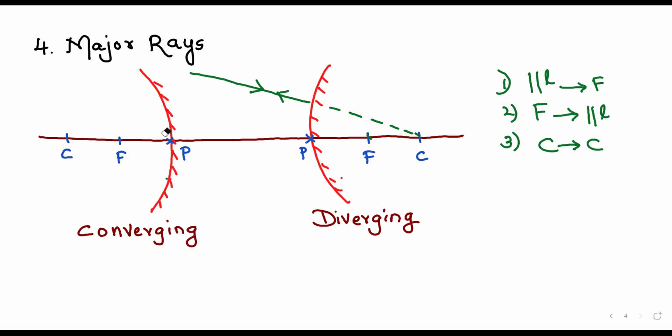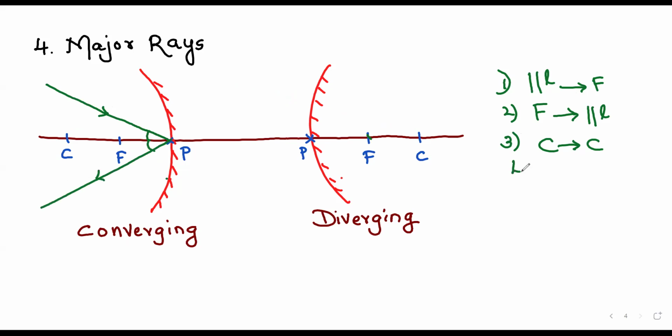Now the last ray is any ray which is falling at an angle i. Falling at an angle i, it will retrace, obeying the law of reflection. That means the fourth ray is: angle i will be equal to angle r.